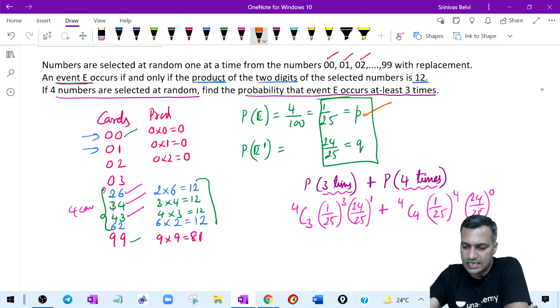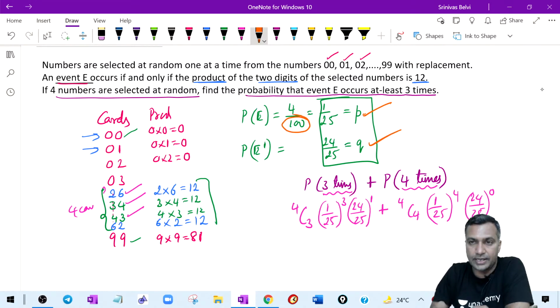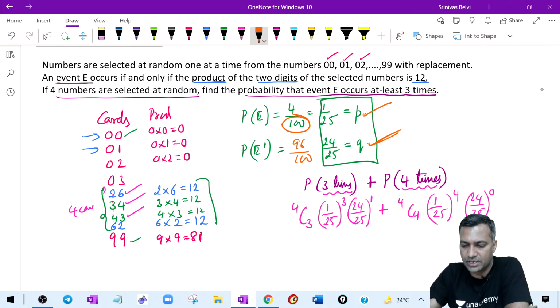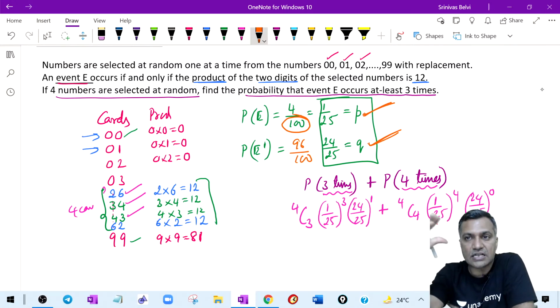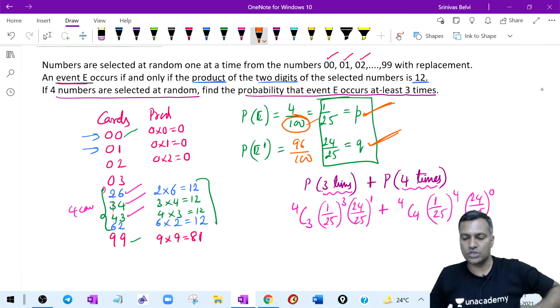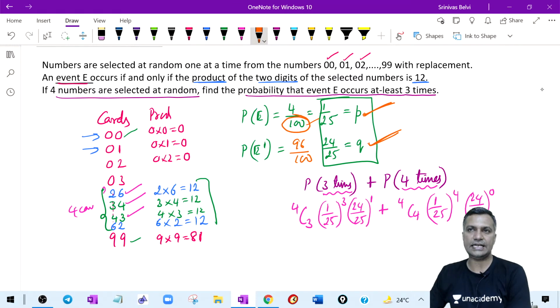It has already been considered in P and Q. When you wrote that P, you already took that 100. You don't have to duplicate that 100 once again. When you wrote that event 4 by 100, you already took the complete total space. You again don't need that 100.